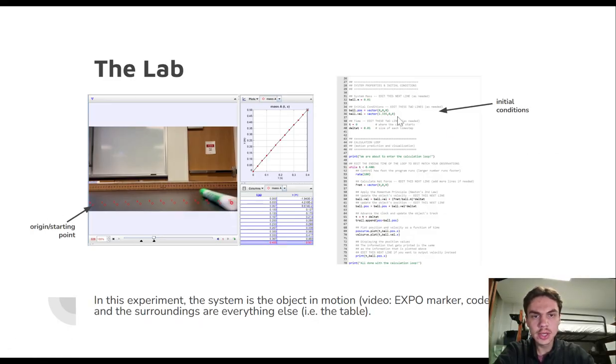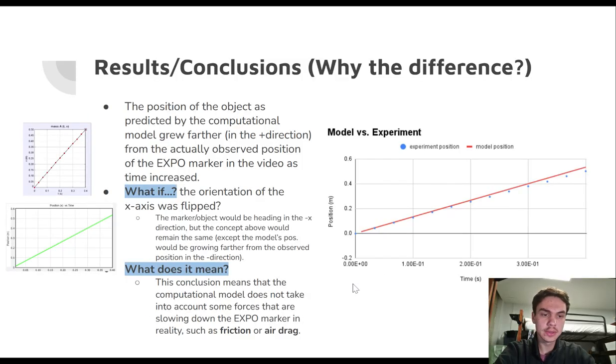We get the initial conditions used in the computational model from the data we collected by taking the distance the expo marker traveled over a 1.033 second interval, which gives us this initial velocity, the constant velocity, 1.335. In the experiment itself, the system is the object in motion, which for the video is the expo marker, and for the computational model is the ball, and the surroundings are everything else, for example, the table.